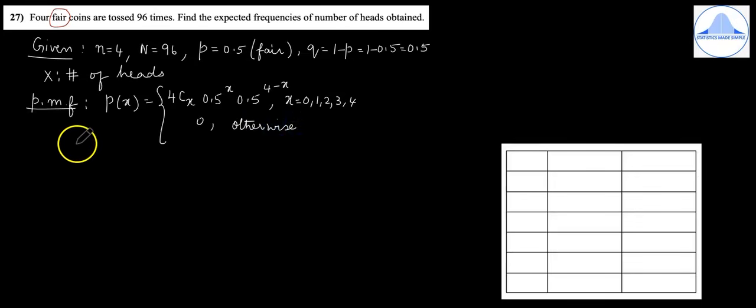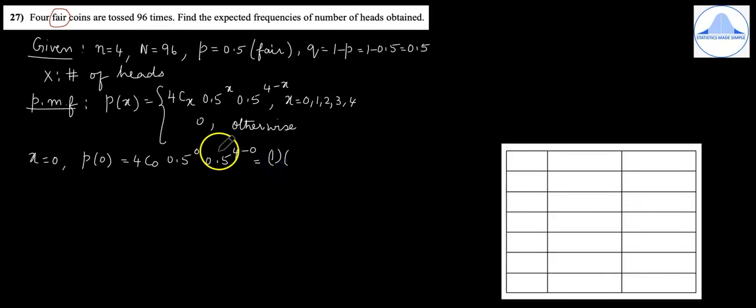Now the next step is to put different values of x from 0 to 4 and then find out the corresponding probabilities. So when x is equal to 0, we get P of 0 is equal to 4C0, 0.5 to the power 0, 0.5 to the power 4 minus 0, which is equal to 4C0 is 1.